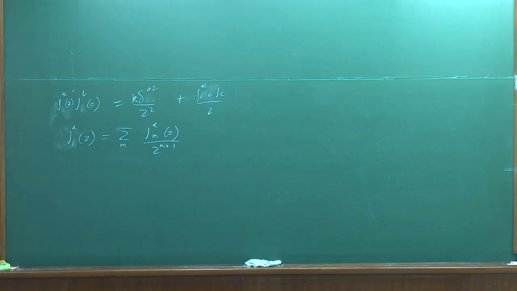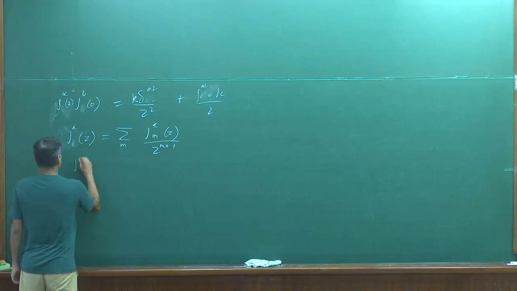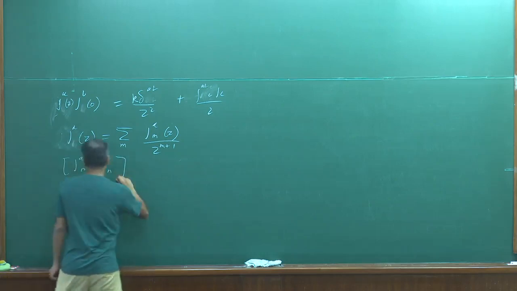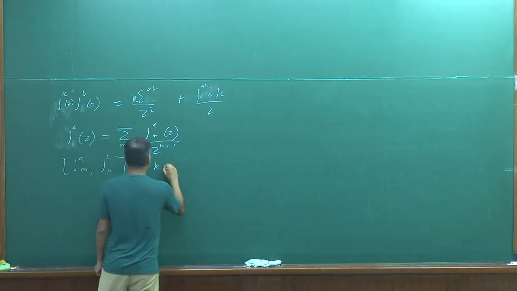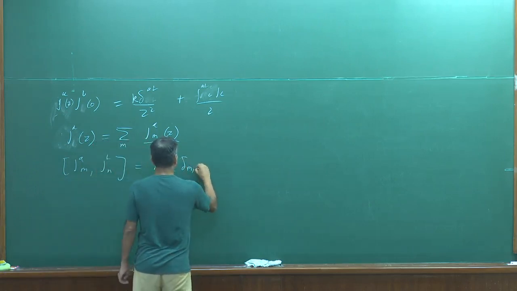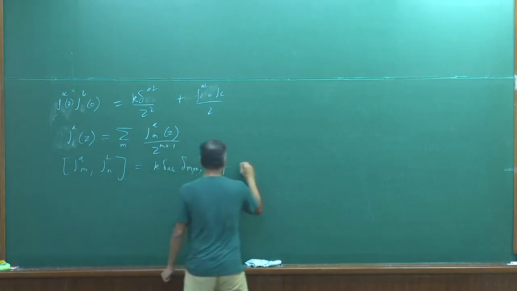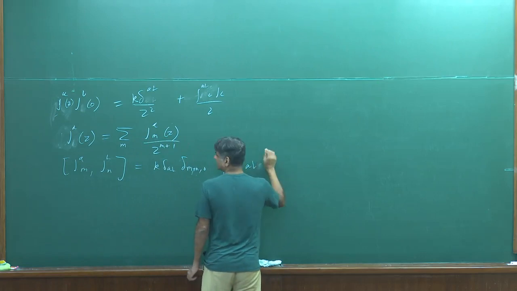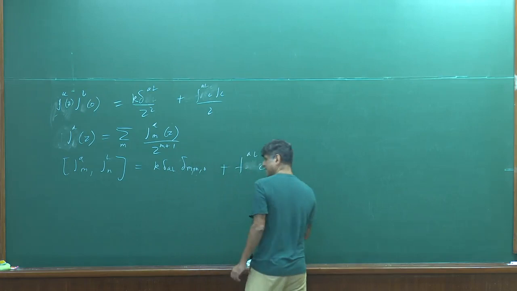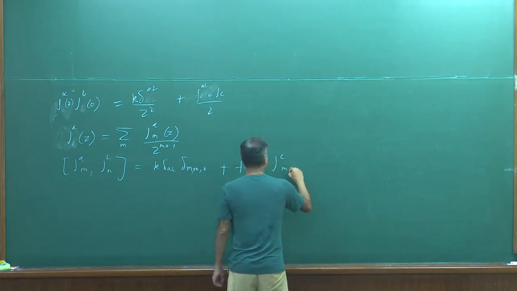Then in the last lecture we computed these commutation relations. So we had [J^A_m, J^B_n] equal to k m delta^{AB} delta_{m+n,0} plus f^{ABC} J^C_{m+n}.